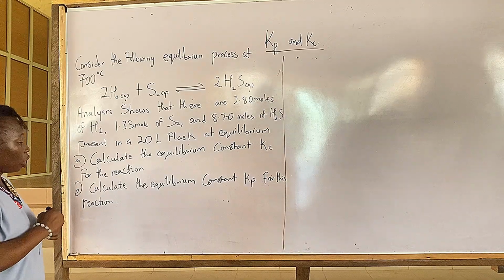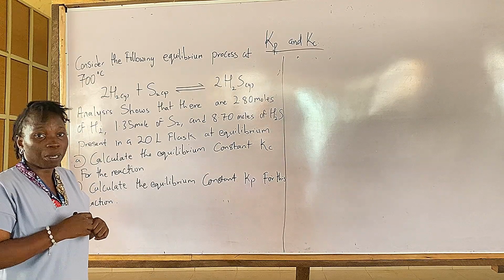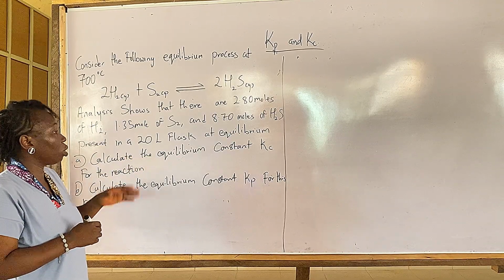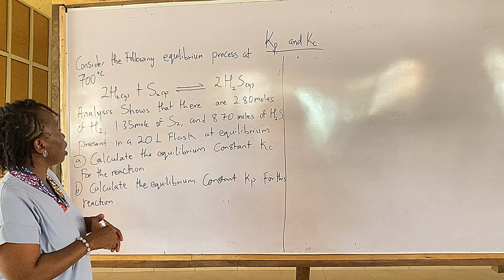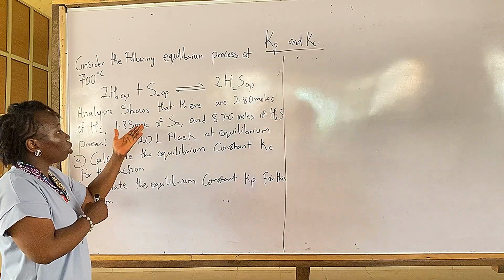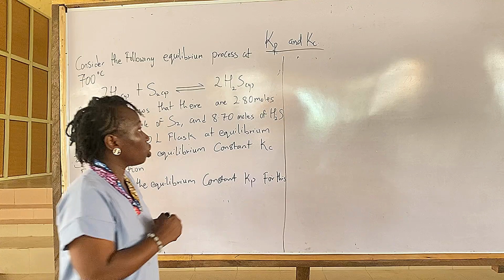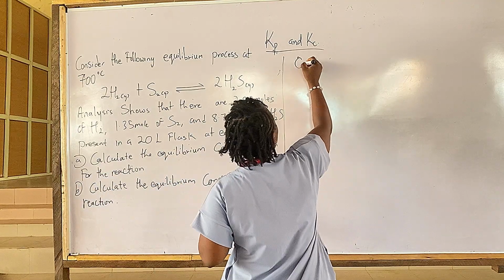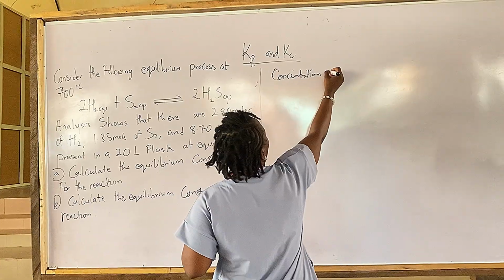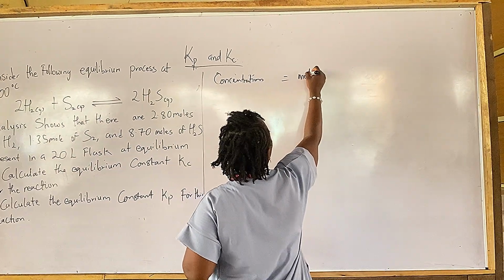Simple. You first of all do the expression before you can now calculate the equilibrium constant. And how do you do the expression? They said the moles of each of them were given to us. And we know that concentration is equal to what?